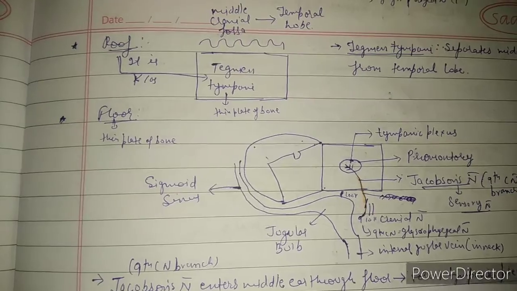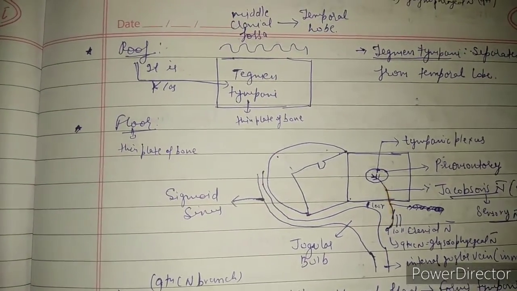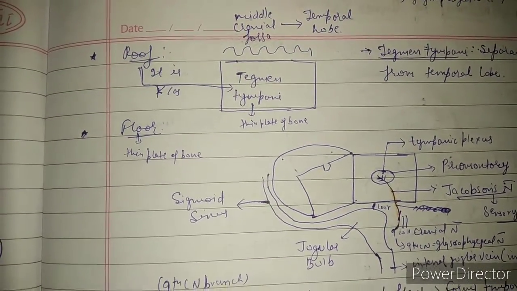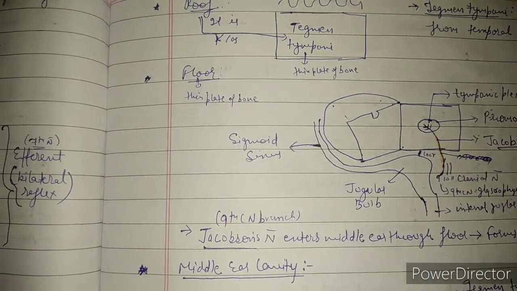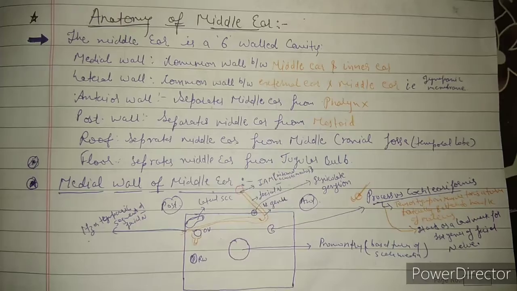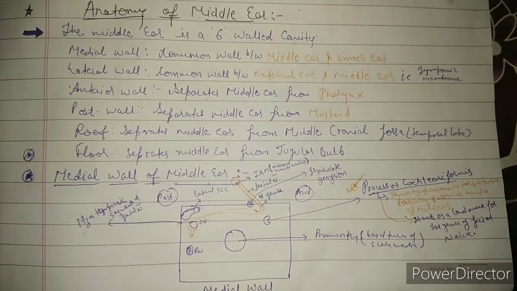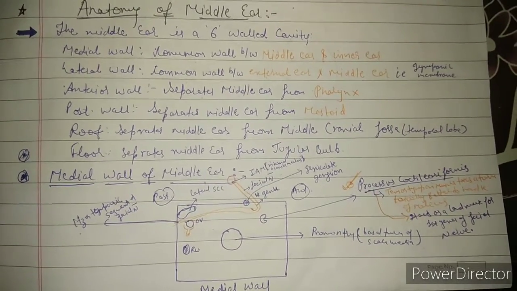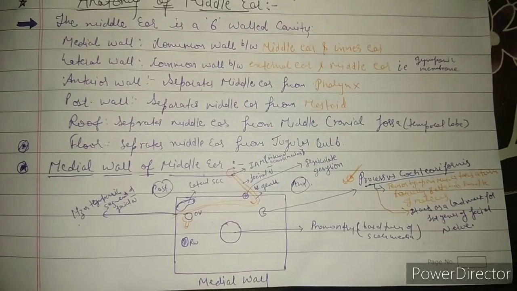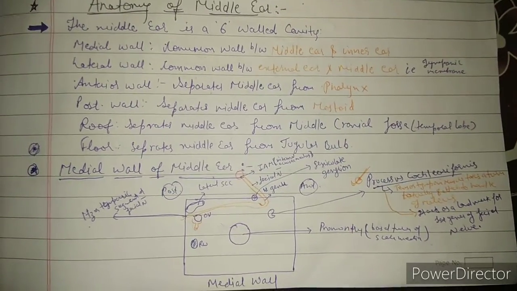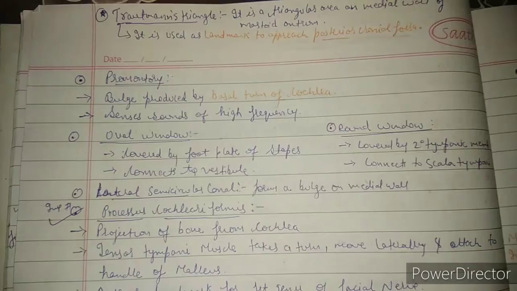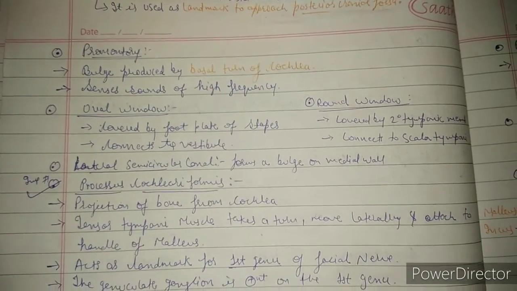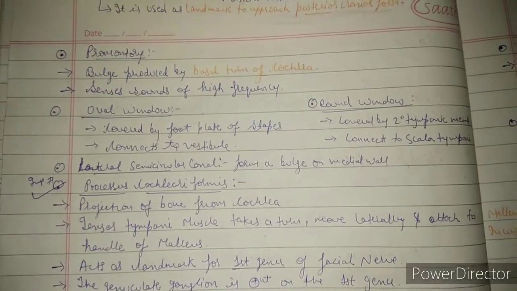Okay guys, so this is about the roof, floor and anterior wall. We have completed in this video the medial wall of the middle ear. You can write the notes from here, so that's why I'm focusing my camera on the notes. We have finished the anterior wall, the roof and the floor in this video lecture.